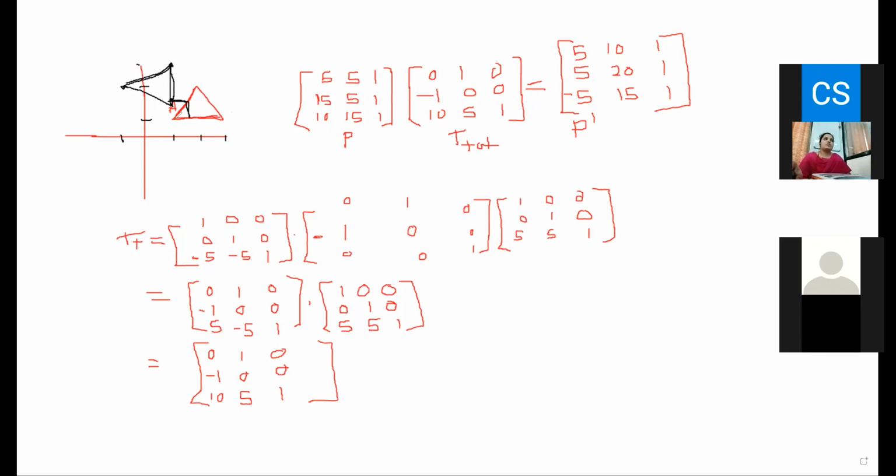So the side which was horizontal before has become vertical in anti-clockwise manner, and we have got the rotation in the anti-clockwise fashion with 90 degree. The angle between this horizontal and vertical is 90 degree, and that's why the angle between these two is also 90. Okay.